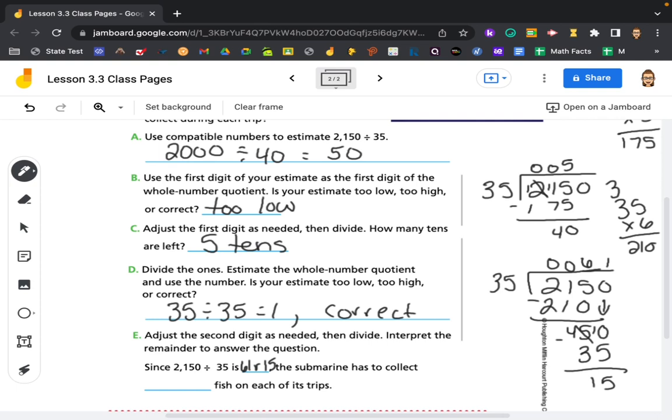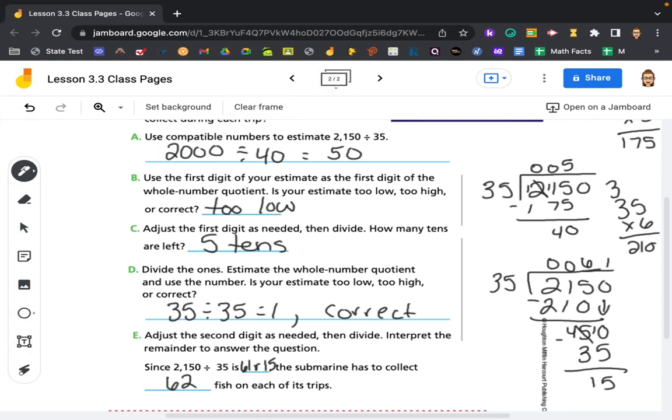With the remainder, there's 15 left over. But we need to make sure we have at least 2,150. We can get more than 2,150, and we want to get the same number of fish every time. But we can't have leftover, so we're going to add 1, so then we get 62 fish on each of its trips.